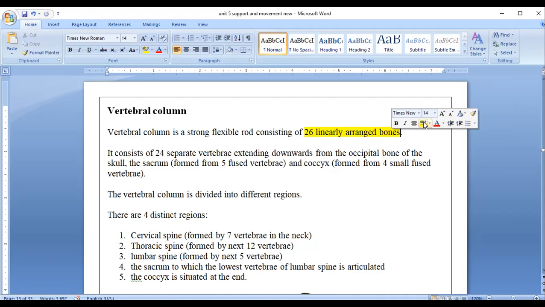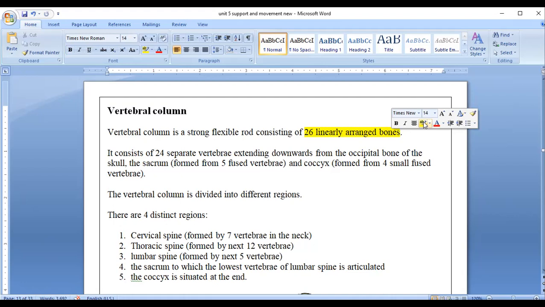Because it is a collection of bones arranged one after the other, it is a flexible rod.